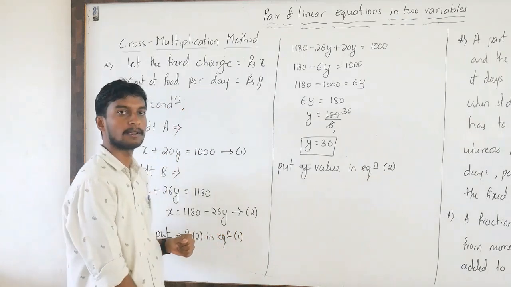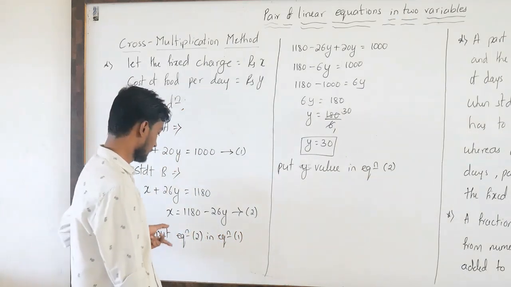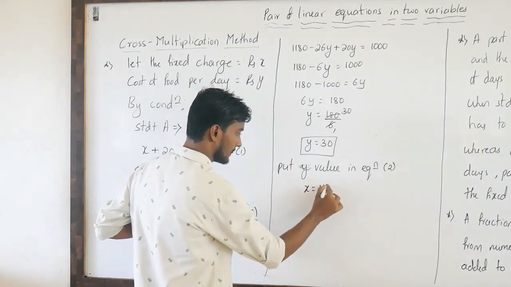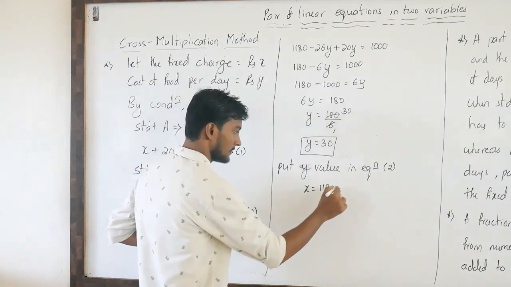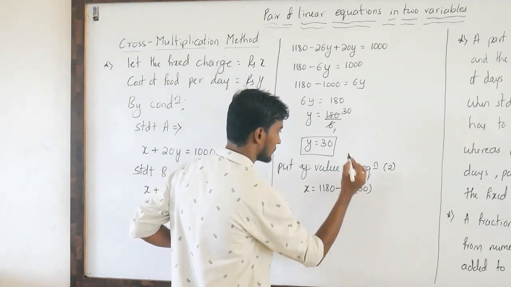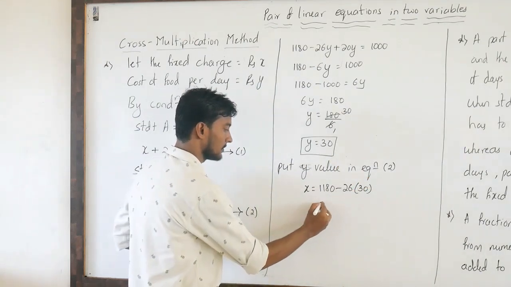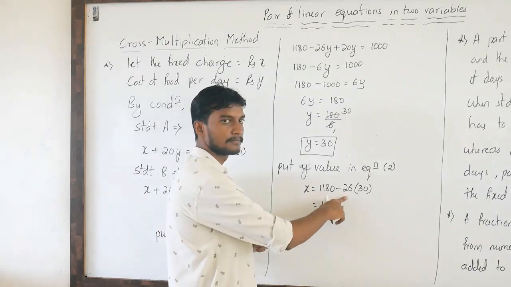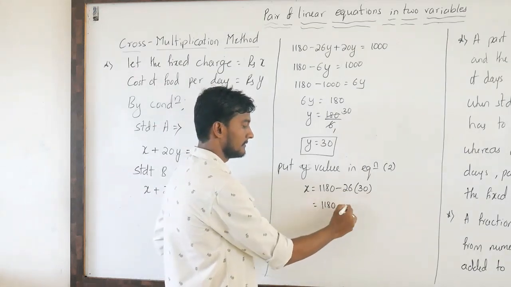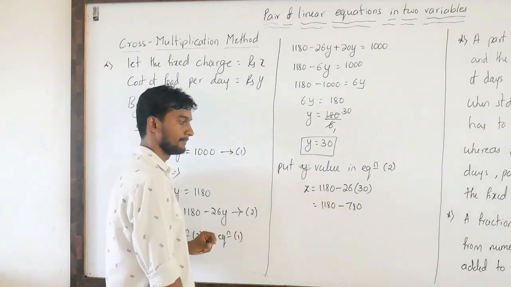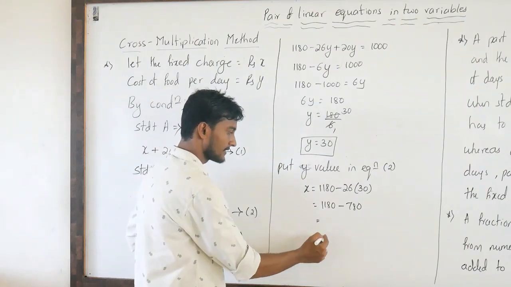Equation 2 is x equals 1180 minus 26 times the y value, which is 30. So that is equal to 1180 minus 26 threes are 78, 780. So subtract them.